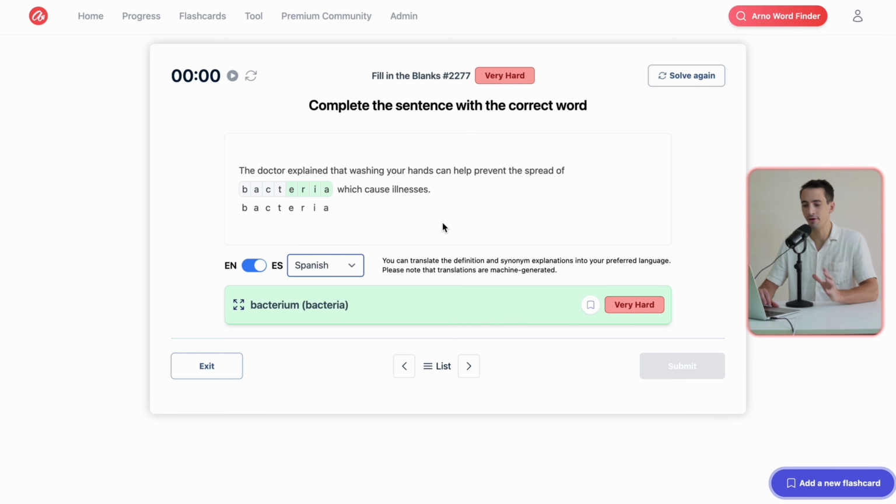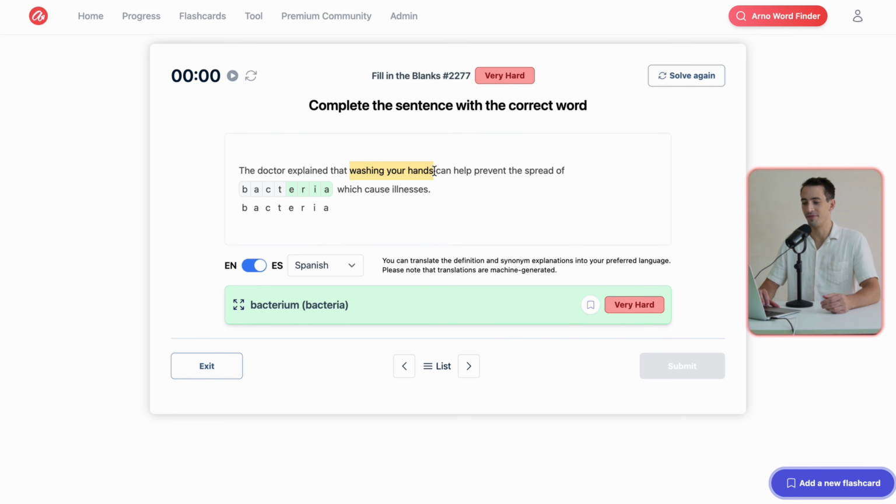All right, so how did I know that this was the correct answer? Well, the main clue was here. So I knew that whatever the incomplete word had to be something that causes illnesses, that makes people sick. The other clue I used was that washing your hands, okay?